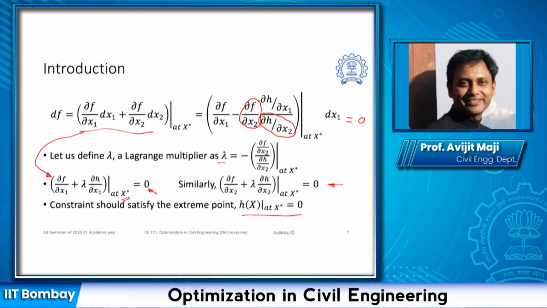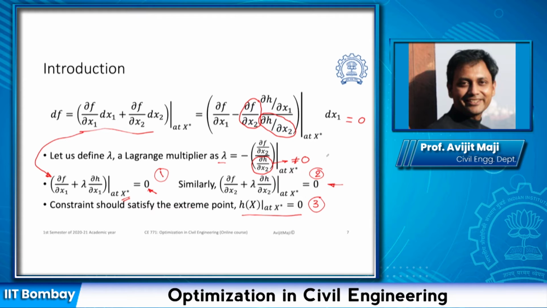So these three equations, number 1, number 2 and number 3, eventually become the necessary conditions for the potential solution of the problem. Now in this expression of lambda, we need to understand the denominator part. In order to obtain a value of lambda, this cannot be 0. It should be non-zero, then we can obtain a value for lambda.